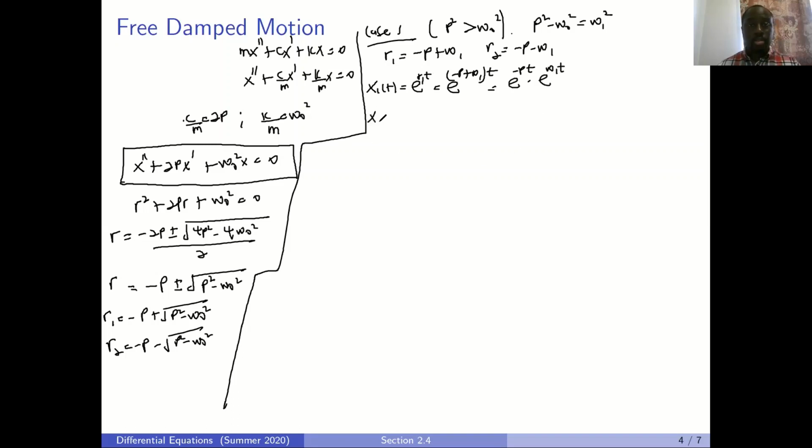And then my x2 is my second linearly independent solution, e to the r2t, which is e to the minus pt times e to the minus w1t.